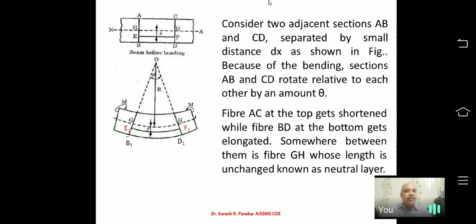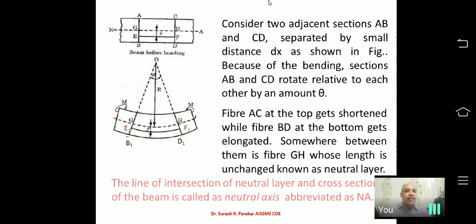Somewhere we have GH, which does not change in length, and that layer is known as the neutral layer. The line of intersection of the neutral layer and the cross section of the beam is called the neutral axis, abbreviated as NA. So whenever we write NA, it denotes the neutral axis.